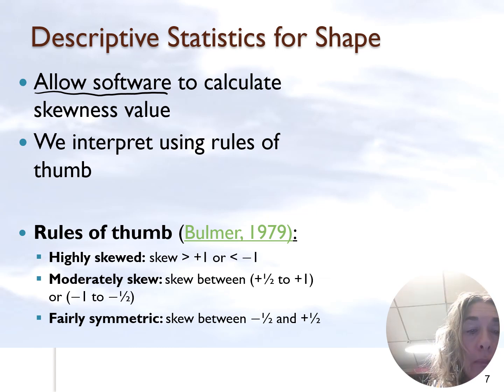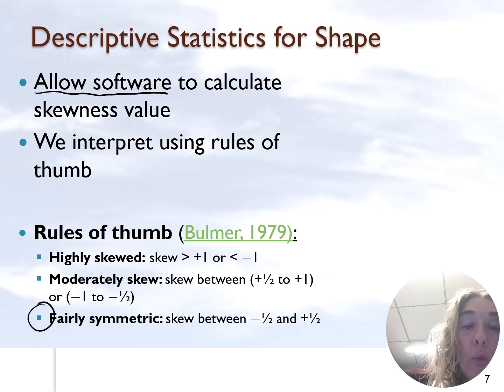A distribution is said to be moderately skewed if its skew value is somewhere between 0.5 and 1 or -0.5 and -1. Another way to say that, moderately skewed if its absolute value is somewhere between 0.5 and 1.